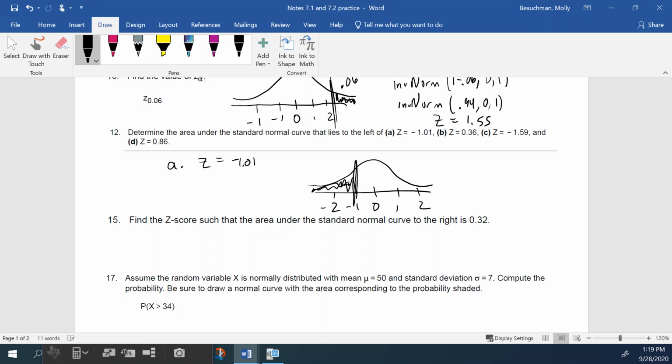is this area here. So when you're finding areas, it's normal CDF. The interval, negative infinity to negative 1.01, a mean of 0, and a standard deviation of 1.